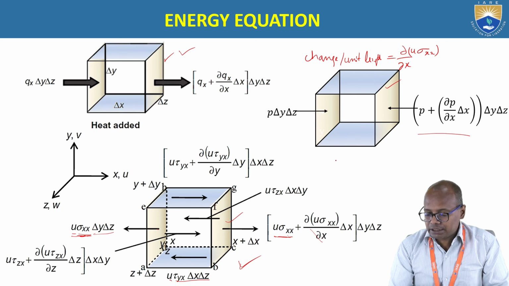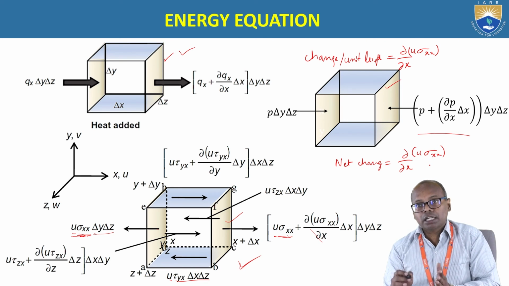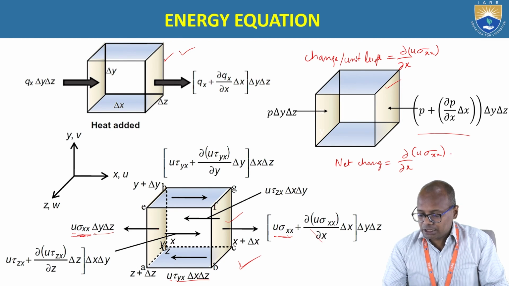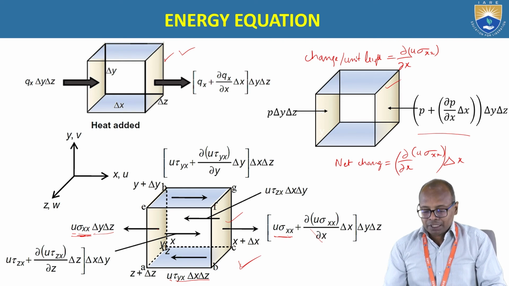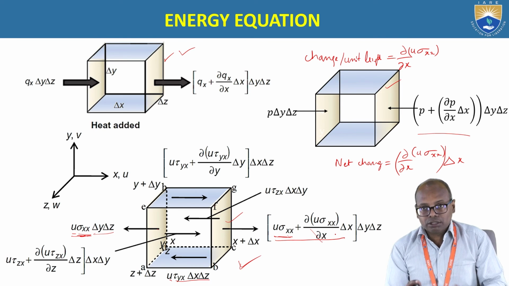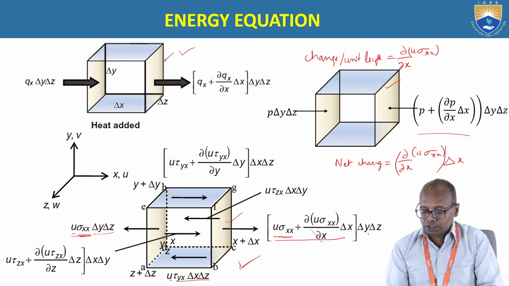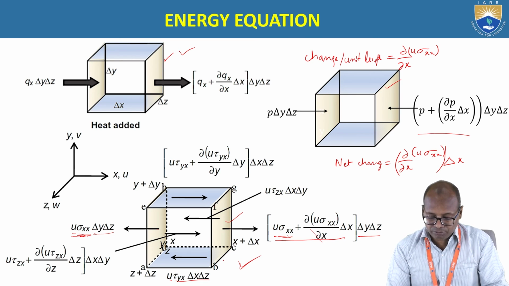Now what is the net change? Net change is equal to the change per unit length into the length in that particular direction. Here it is delta x. So this is the net change. So the net value on the right face is given by the net stress and velocity product into the area normal to that face. What is the area of this?